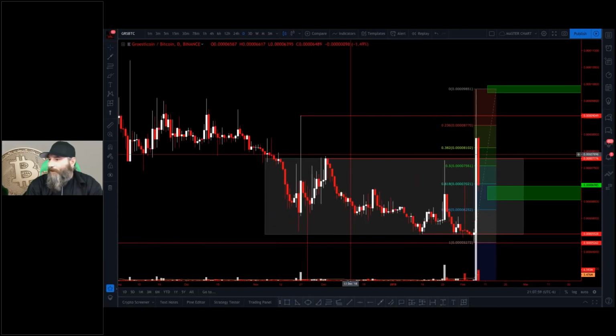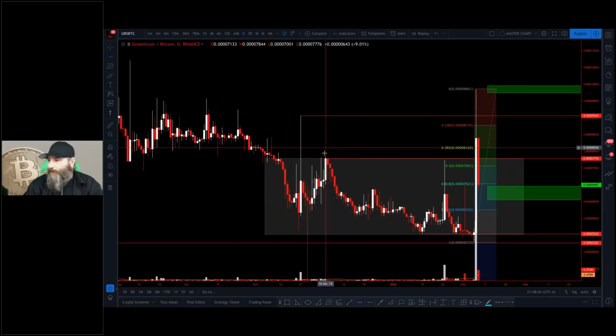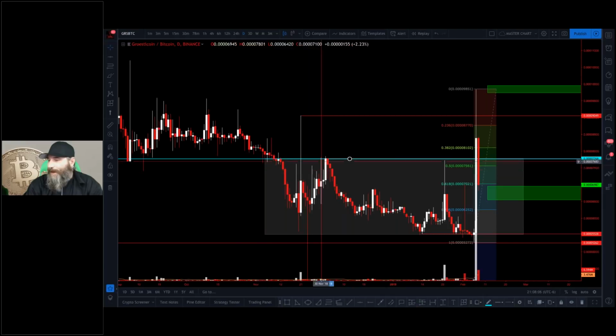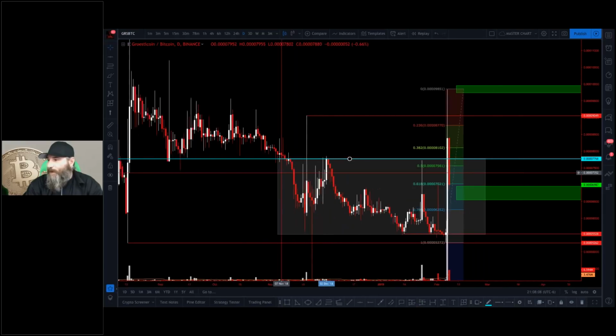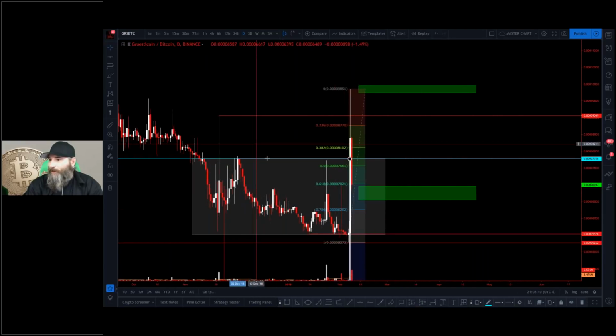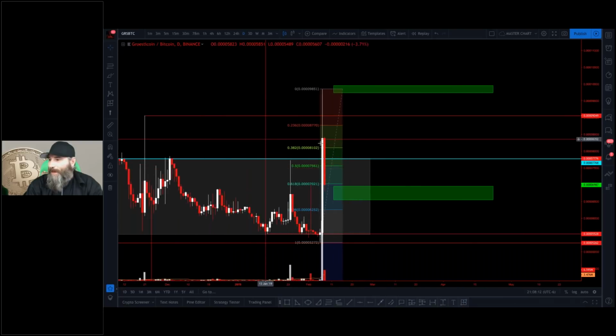So for me, I had enough confluence to take this trade. For me, I look at this right here, which is an area of previous swing high, and we have broken that area. So that was enough for me to say, yeah, I'll take a chance on this puppy.